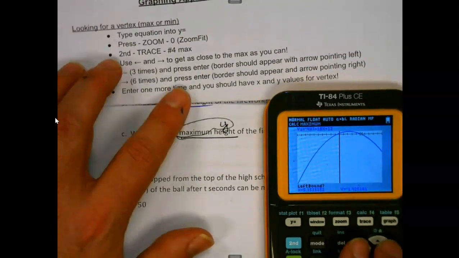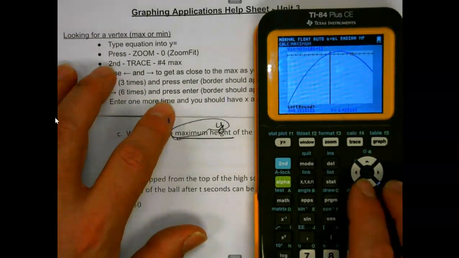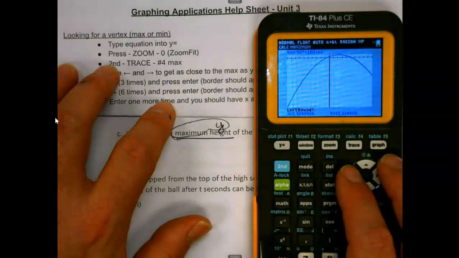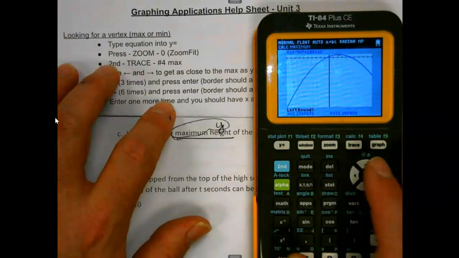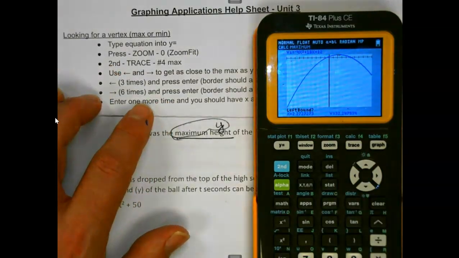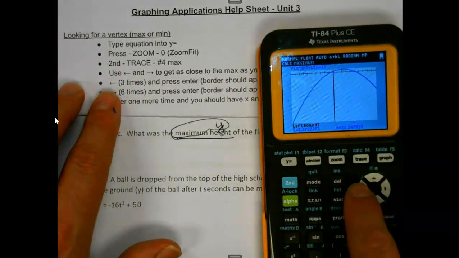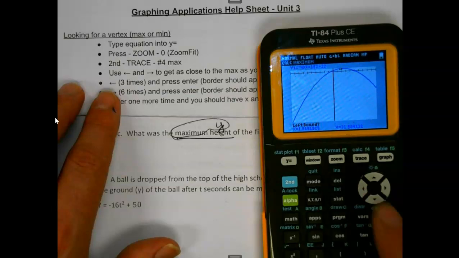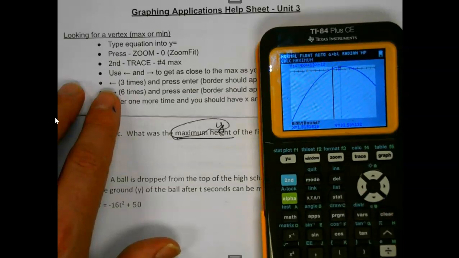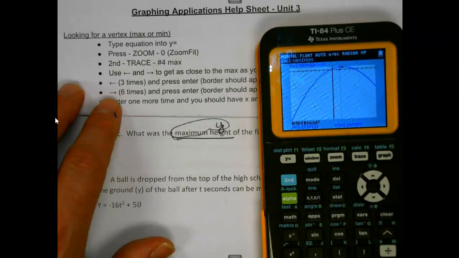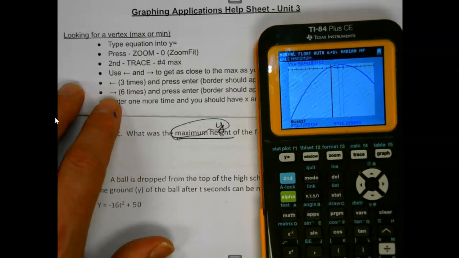Again, I'm going to use the left and right arrows to try and get as close to the top as I can get. Yeah, that looks pretty good. And we're doing the exact same process again. So left arrow, 1, 2, 3, enter. This time you can see the little arrow there a little better. Right bound, right arrow, 1, 2, 3, 4, 5, 6.